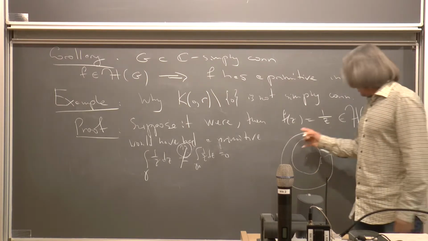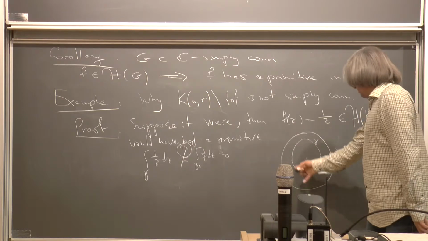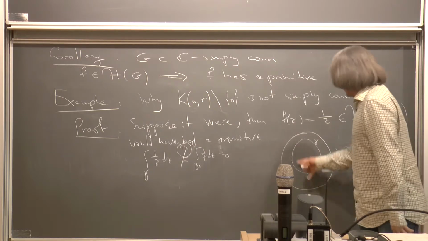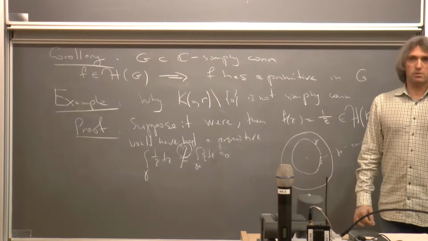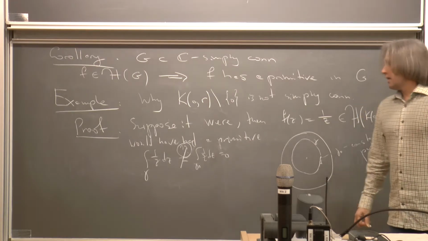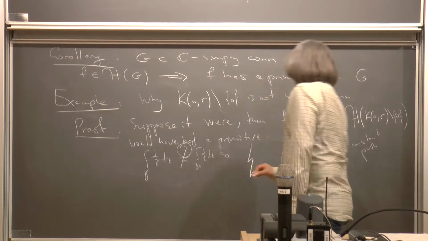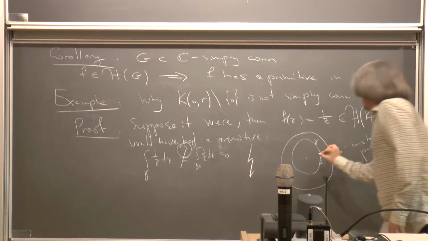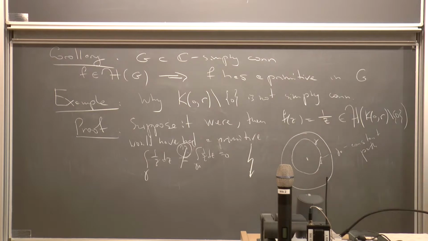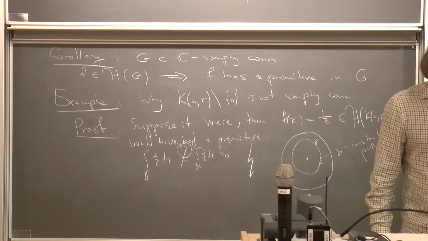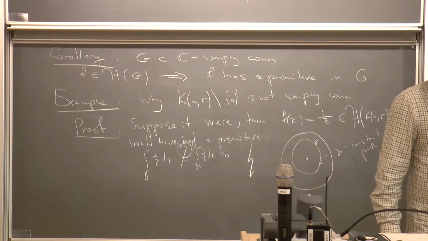The integral depends not only on the image of the path, but on the number of times you go around. So this is a contradiction, which means that throwing away the point from the disk makes it non-simply connected. Good.